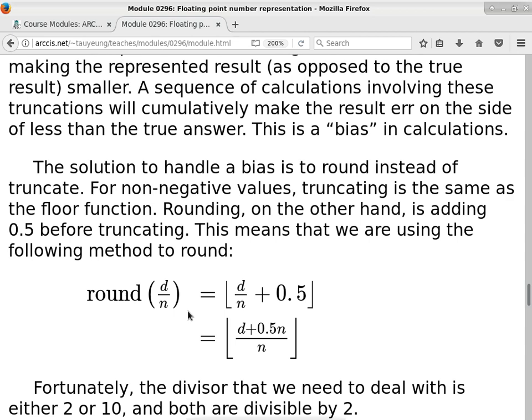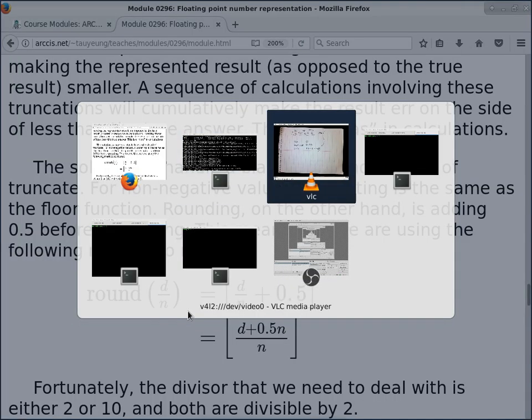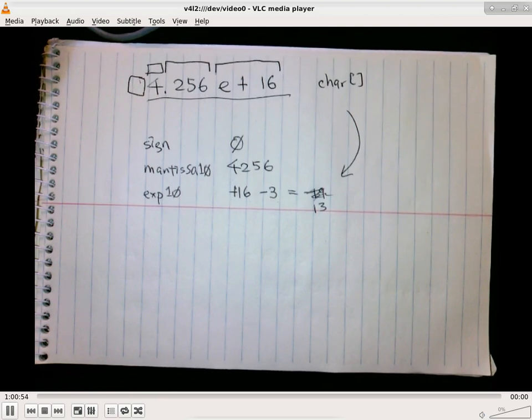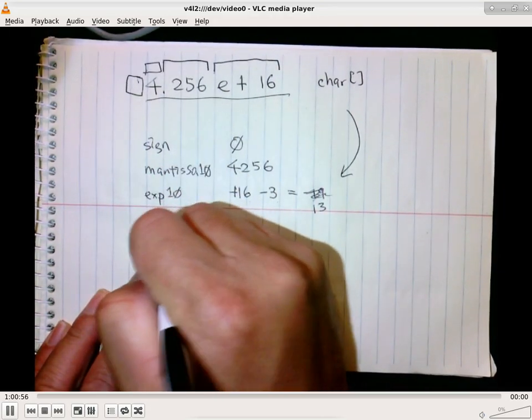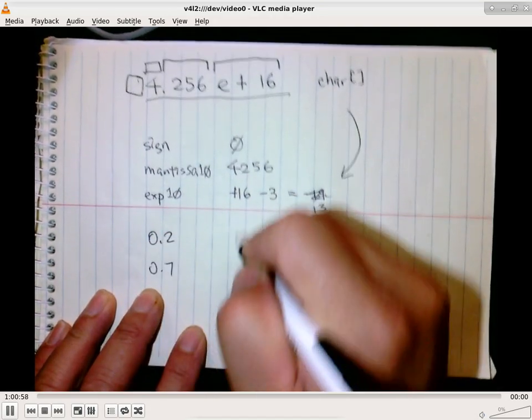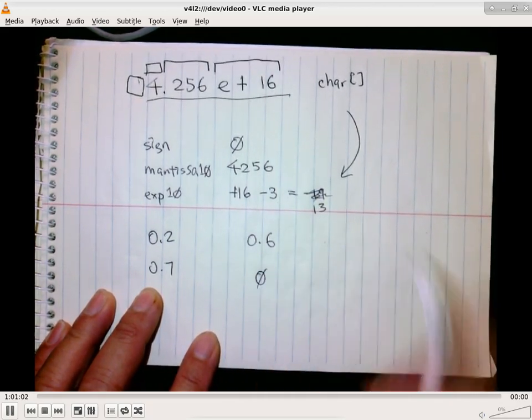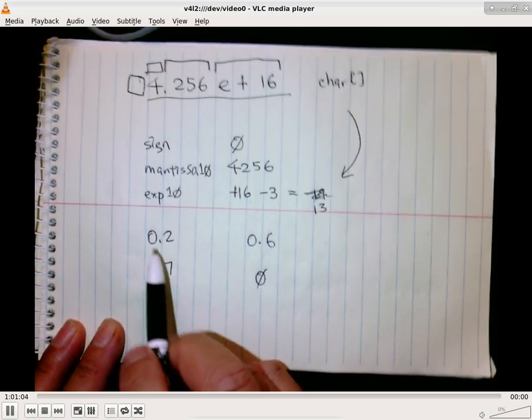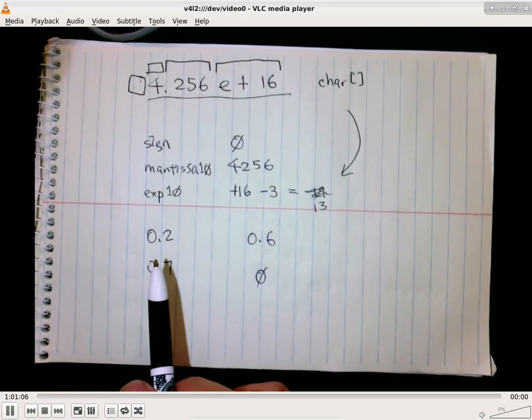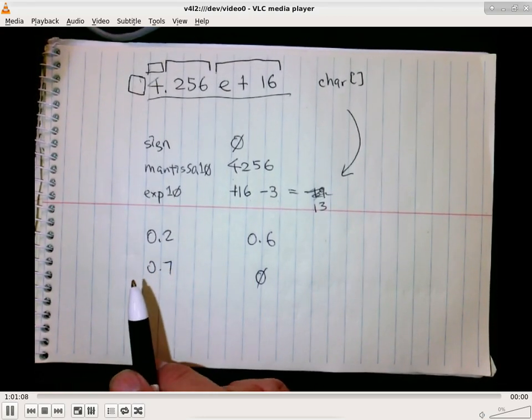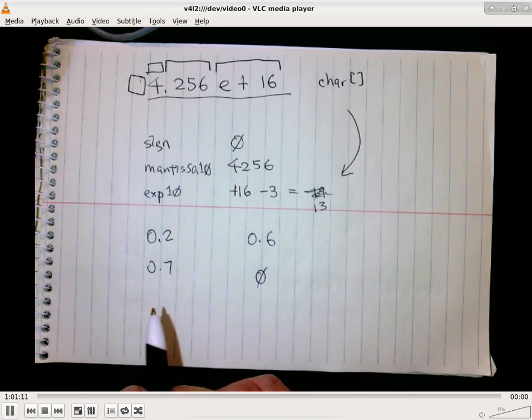We'll use the document camera to check out a few cases. Let's check out 0.2, 0.7, 0.6, and 0. What is the round? If you round 0.2 to the closest integer, it is supposed to be 0, right?